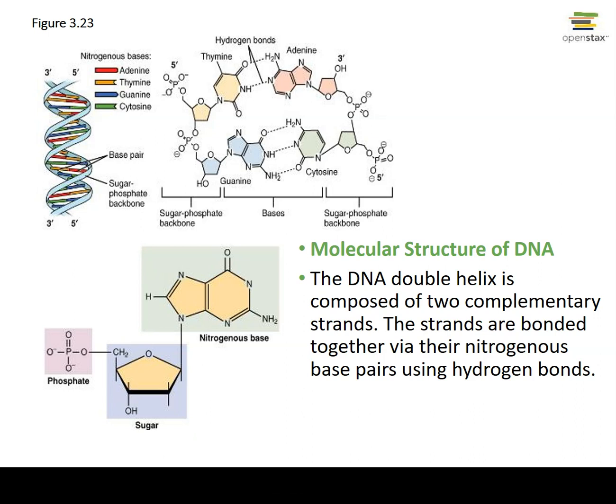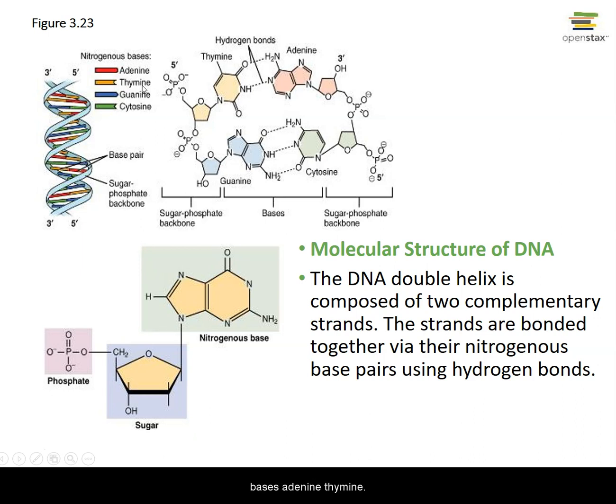nucleotides. So the building block for a DNA is a nucleotide. You have a sequence of nucleotide bases on the DNA that determines the sequence of amino acids in a protein. And those nitrogenous bases, because they are nitrogen containing, are called nitrogenous bases.